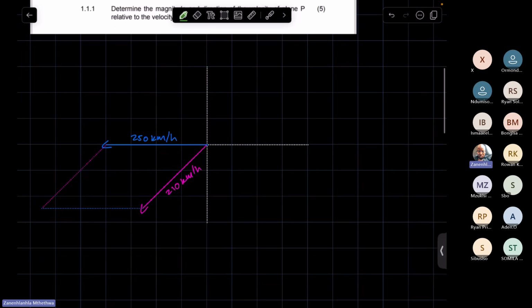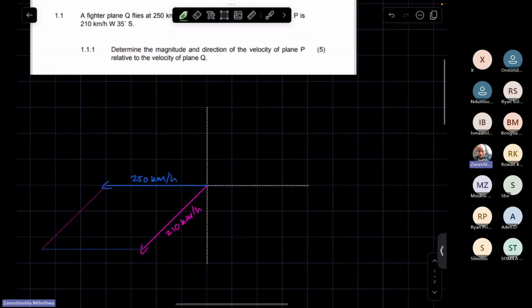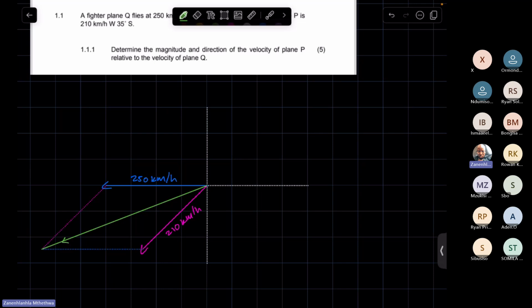So either way, the relative velocity is always the resultant. So your resultant, or velocity of P relative to Q, will be in that direction. Are we clear here?